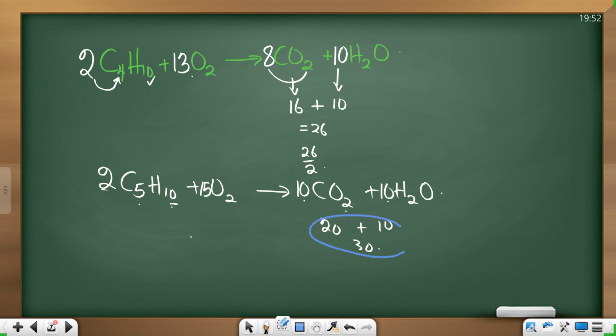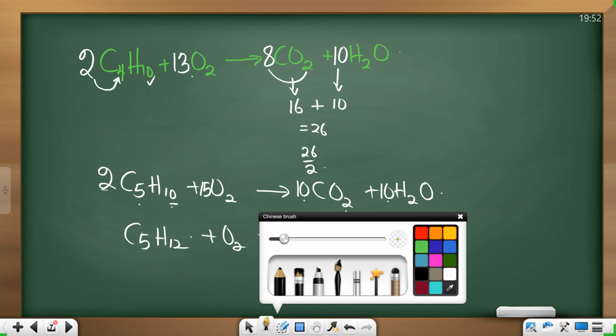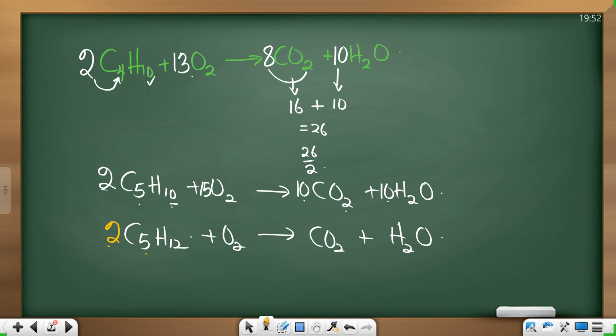If I were to use an alkane, C5H12 plus O2, watch this, plus H2O. The same principle, put a 2 there. 2 times 5, 10. What's the next number? 12. Copy and paste it. 10 times 2, 20.